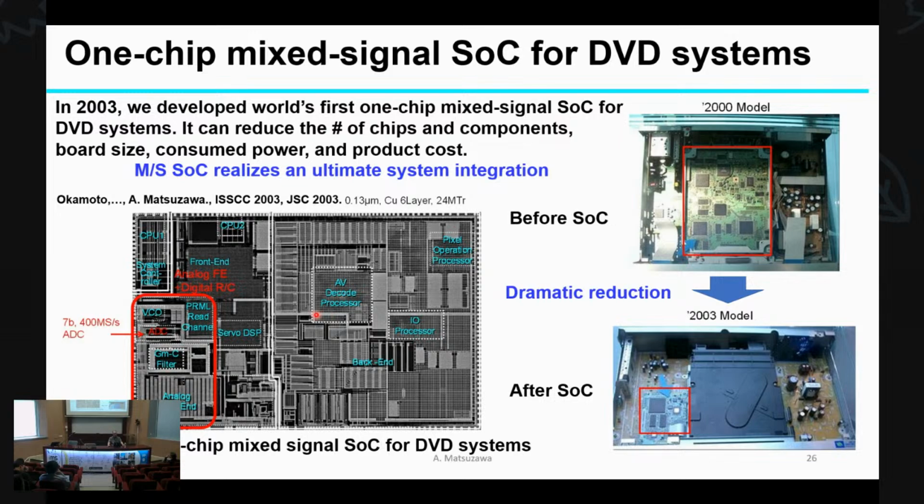This SoC contains many CPUs and DSPs, many processors, pixel processors, hardware processors, for example, so it can also integrate the ADC. After that, the ADC and the DVD system become very small and very simple. So we can now use a DVD in a laptop computer. This contributes to reducing the form factor of the DVD.